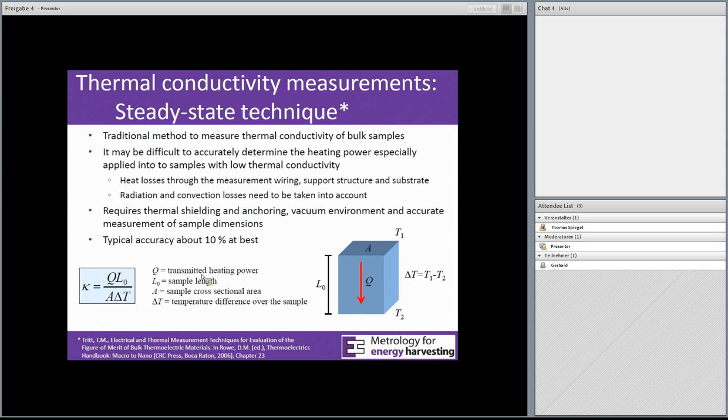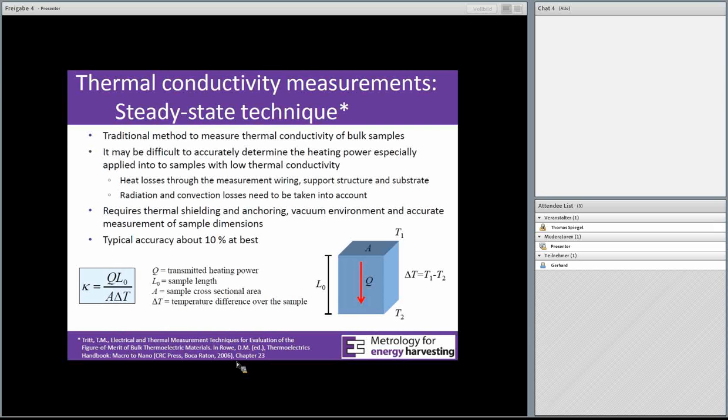On paper it looks like a pretty simple method, but in practice it might be very difficult to determine the heating power accurately because there are typically heat losses because of radiation and through the measurement wiring and support structure.